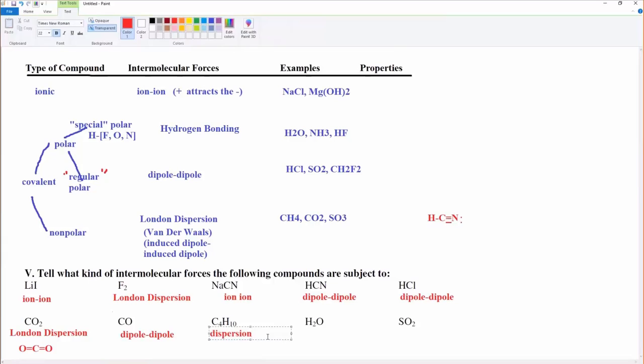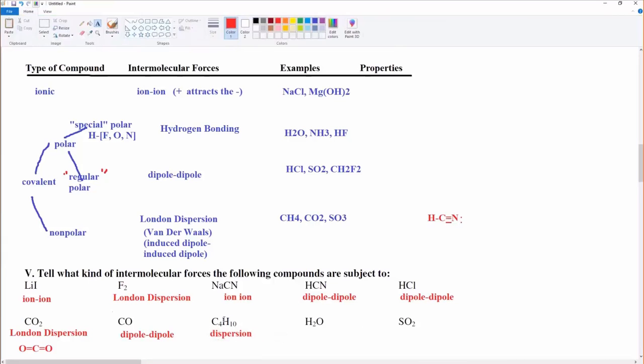Yes, Sarah has it. If you can determine that there's no polar bonds, then it's not polar, right? So you have two options for being nonpolar. Either you have nonpolar bonds or you have polar bonds and they cancel. Here we had polar bonds and they cancel. Here we don't even have polar bonds. The difference between C and H is 0.4, so there's not going to be any polar bonds in there.